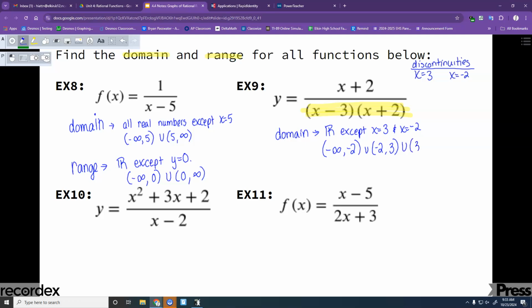And then I would go from 3 up to infinity. Now, which one of them is the hole? The negative 2 is the hole. The 3 is the vertical asymptote. But if it's asking for domain, it doesn't matter which one's which.